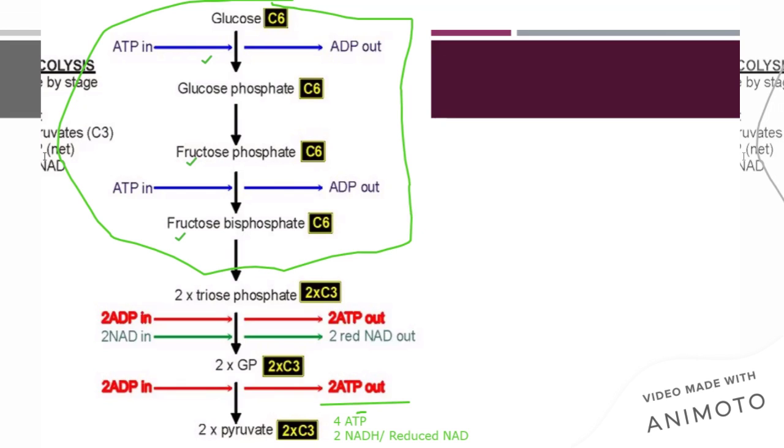Tomorrow we will look at the link reaction, the Krebs cycle, and then we move into oxidative phosphorylation and the electron transport chain, and then we look into the anaerobic segment, and we also have to look at the respirometer.